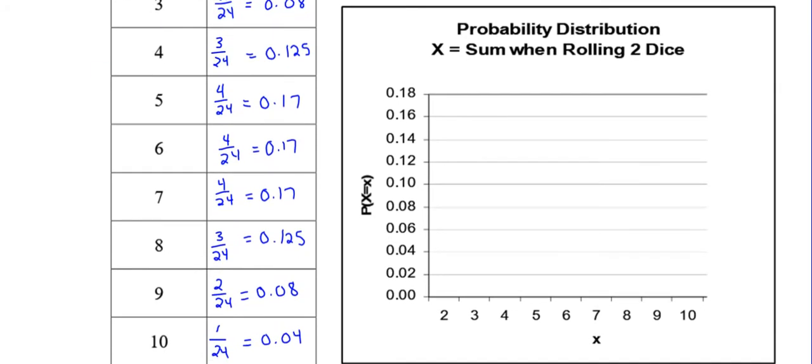So the probability of rolling a 2 was 0.04. And that was also the same as the probability of rolling a 10. And the probability of rolling a 3 was 0.08.